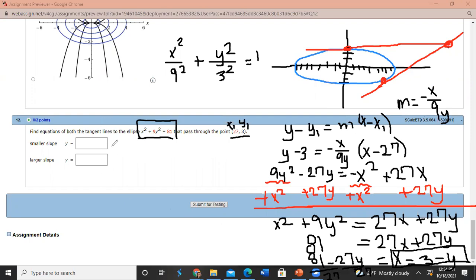So that's the big piece here that we need to remember, is that we can substitute in 3 minus y for x, and now we're left with an equation with all y's. So that's good. We're going to go ahead and FOIL out 3 minus y squared. That'd be 9 minus 6y plus y squared plus 9y squared equals 81.